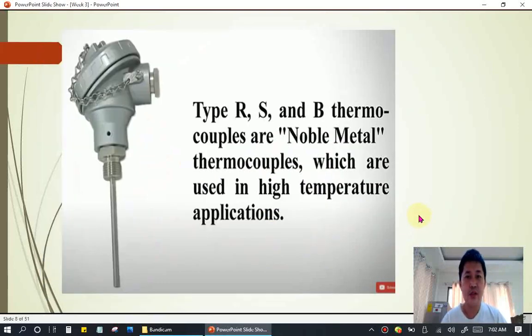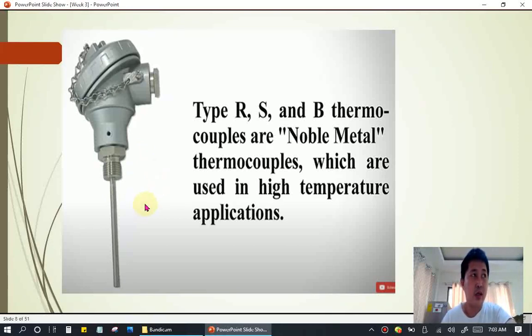So type R, S, and B thermocouples are noble metal thermocouples, which are used in high temperature applications. So we usually use this thermocouple in our cooling system of the main engine. So the freshwater cooling system, so both main engine and the auxiliary engine.